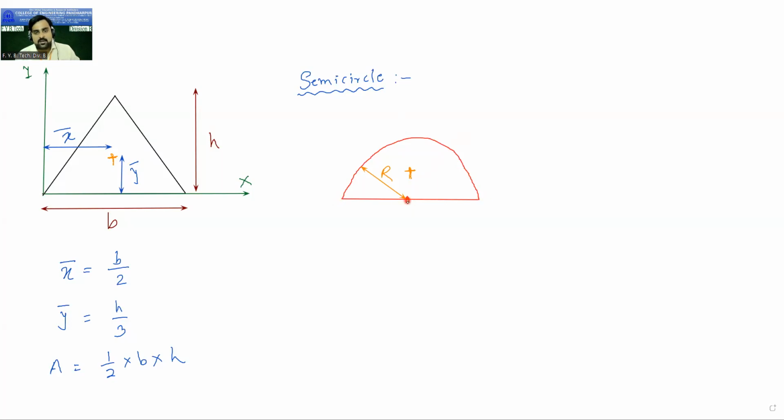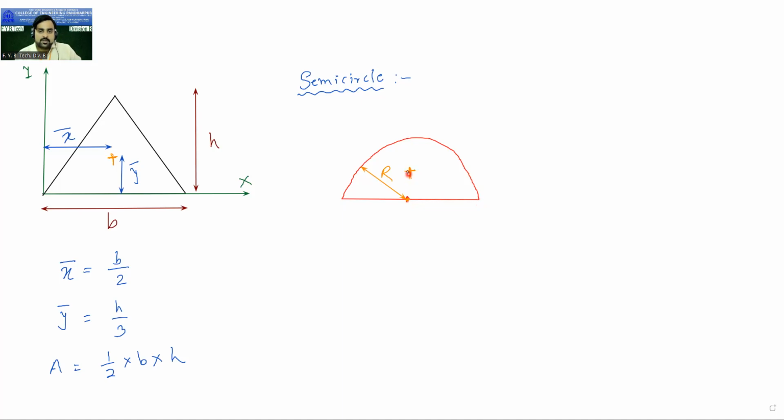From this center, if you measure any distance on this semicircle, in any direction, it will be the radius. From this point up to here it is r, and from the center up to this end it is also r. Any point on this semicircle is at a distance r, the radius. So this point is called the center.